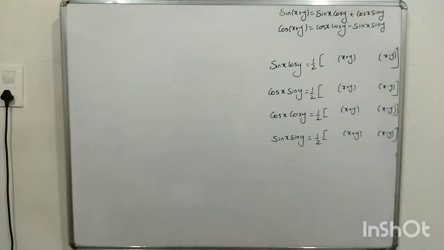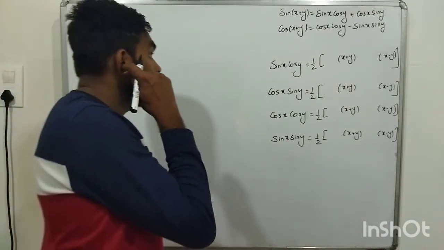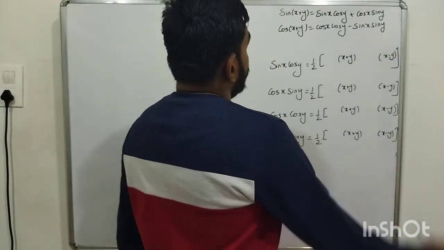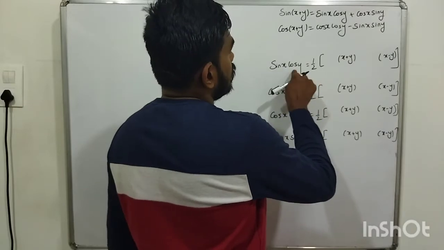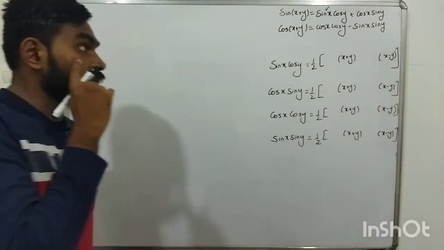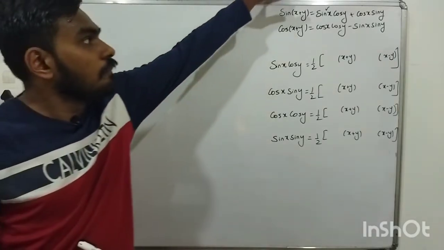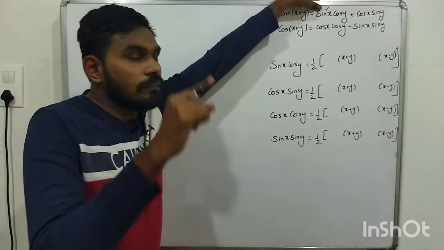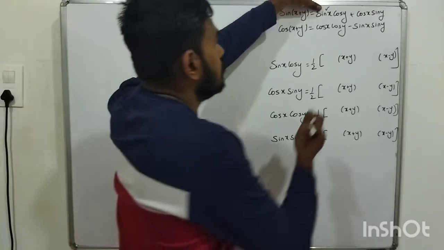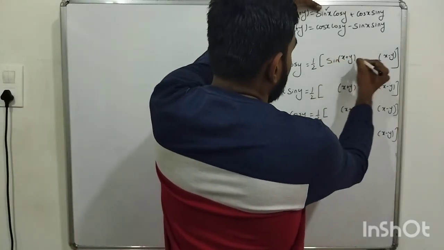Now, half x plus y and x minus y is there. Since sin x cos y is there, you remember from the factorization formula, this we used to take if there was sin x plus sin y. So that's why I write sin plus sin here.